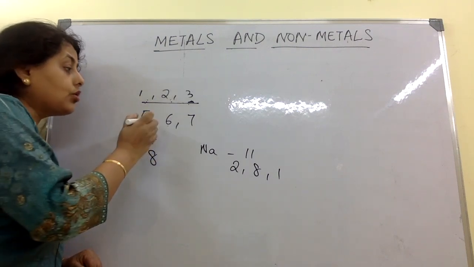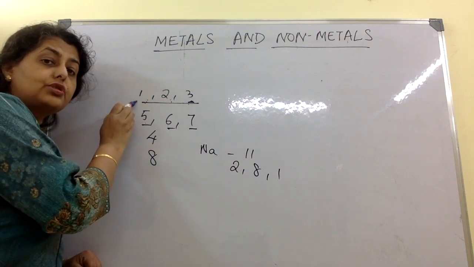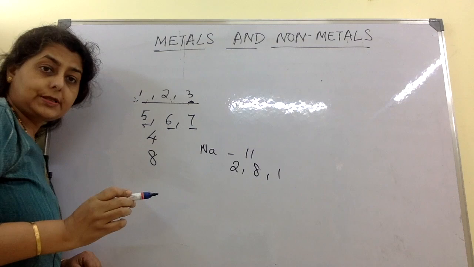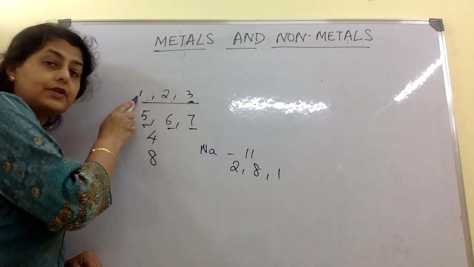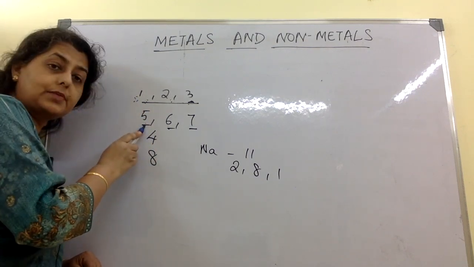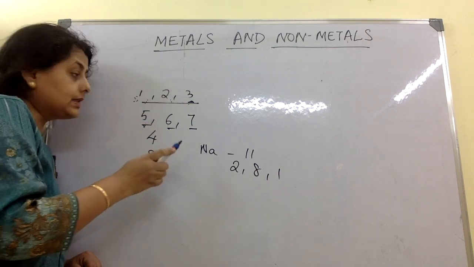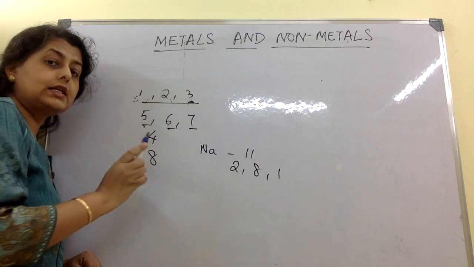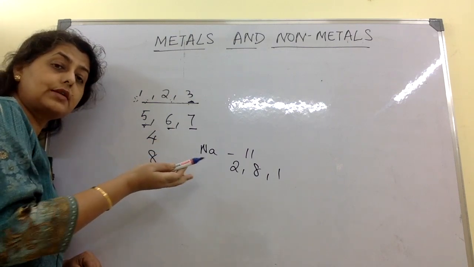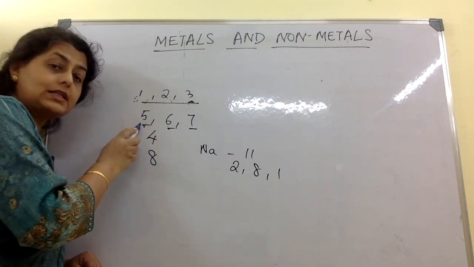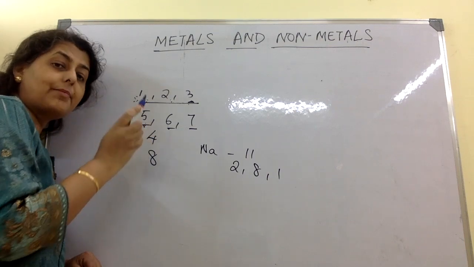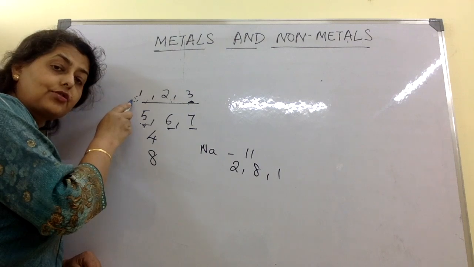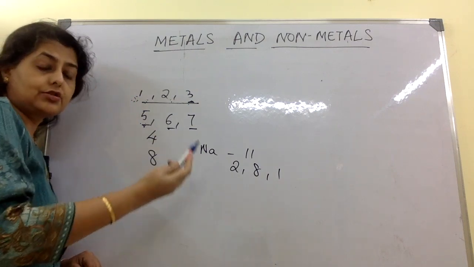So metals complete their octet by giving, and non-metals complete their octet by taking. Hence non-metals don't have free electrons. They don't easily give electrons because they are ready to take. That is what makes non-metals bad conductors of electricity. These free electrons make metals good conductors of electricity.